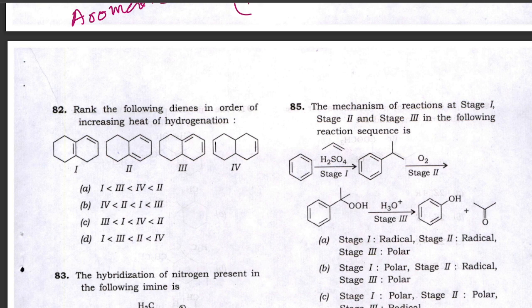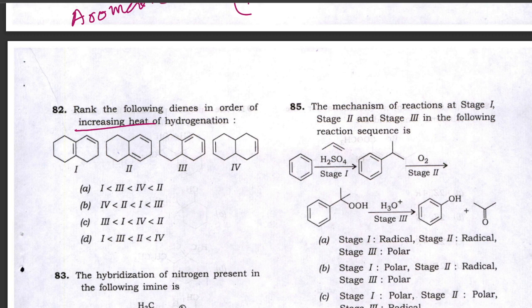The heat of hydrogenation will depend on the stability of the alkene, and the enthalpy of hydrogenation is inversely proportional to the stability. They ask in increasing order of heat, so we have to arrange them in decreasing order of their stability, and that will in turn reflect the increasing order of heat of hydrogenation.